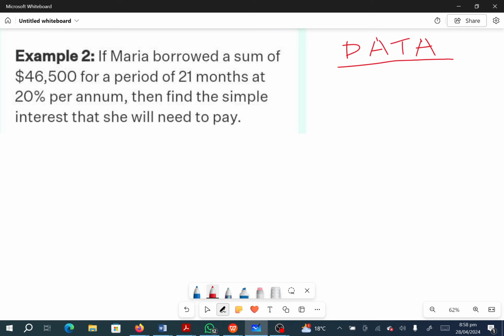So the amount we have been given, the principal, P is equal to 46,000.